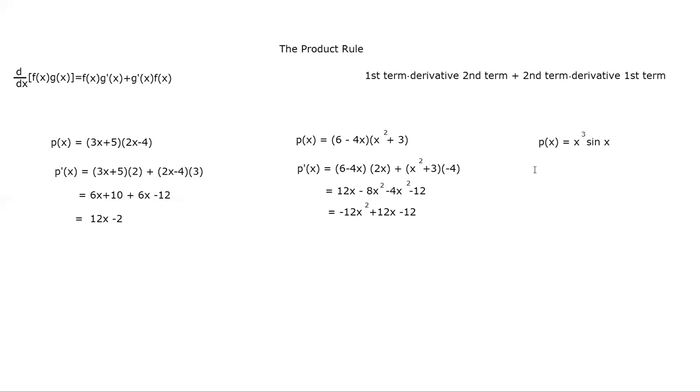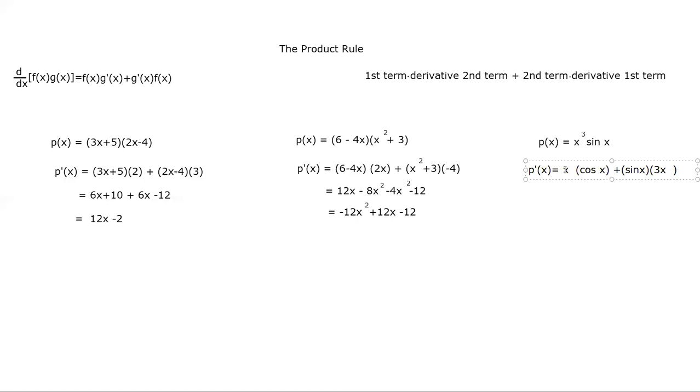Now, this last problem, I want to do one that involved one of the trigonometric functions. So yes, we still adhere to the rules. The derivative here is the first term, which is x cubed, times the derivative of the second. Remember, the derivative of sine is cosine, plus the second term, okay, times the derivative of the first term, which is going to be 3x squared.